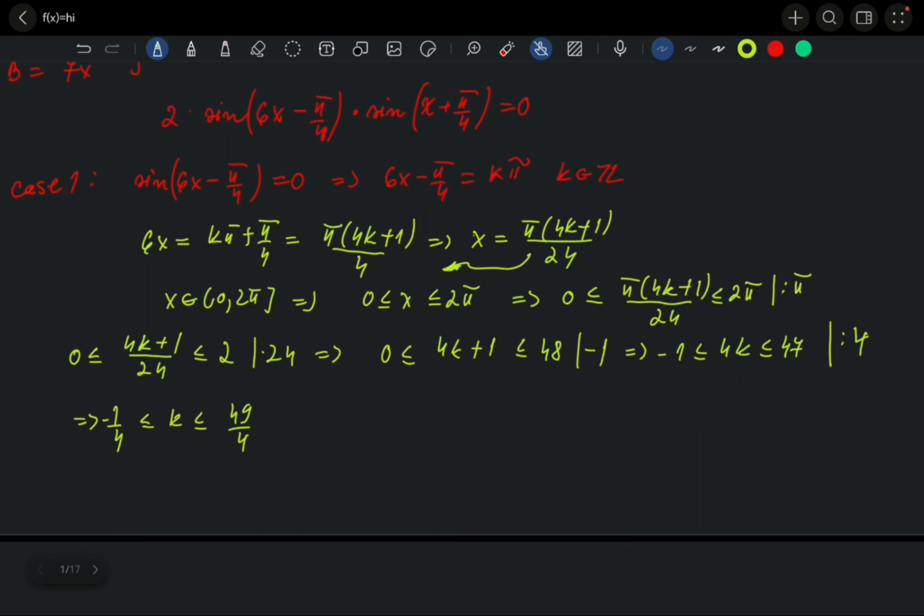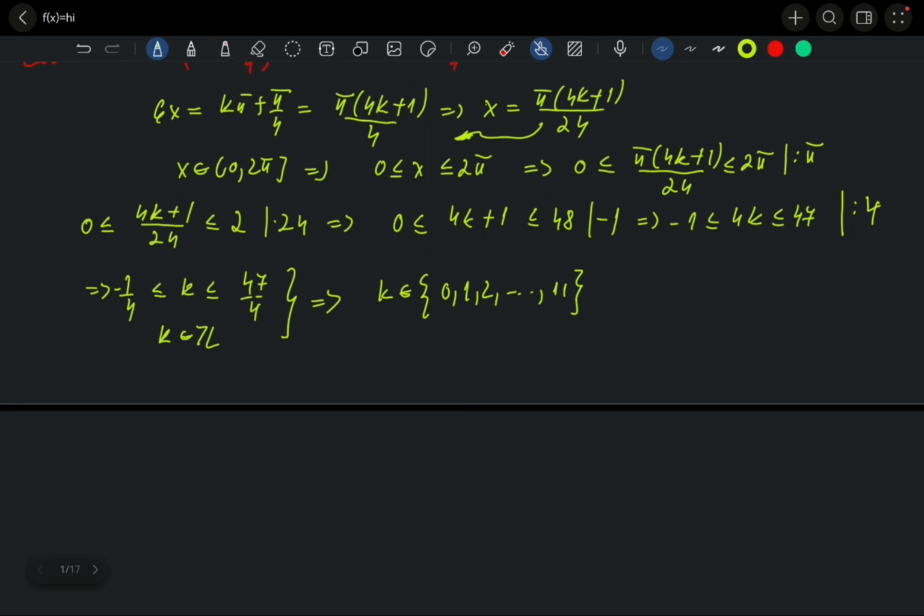So we'll have negative 1 over 4 is less than k, which is less than or equal to 47 divided by 4. But we know that k is some integer, and from those two we can conclude that k must be equal to 0, 1, 2, and so on, up to 11. 11 is the last term that satisfies this inequality and is also an integer.